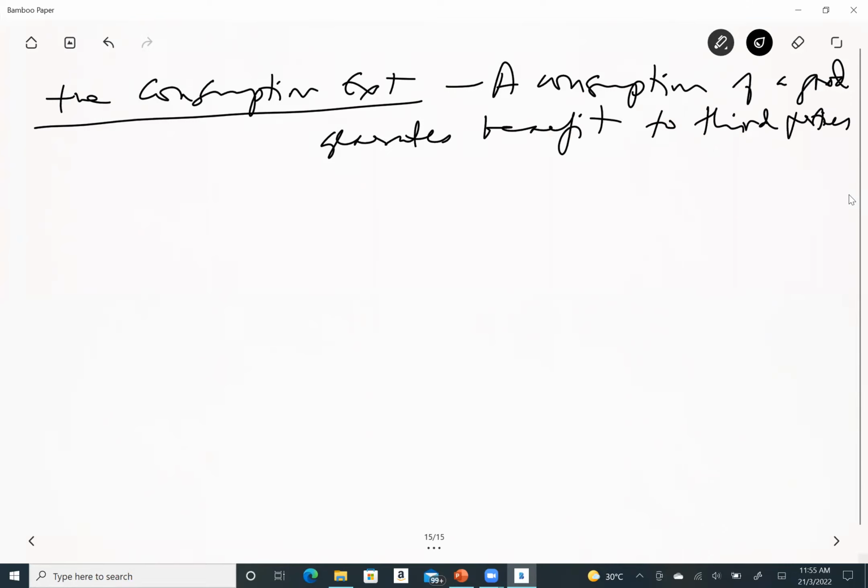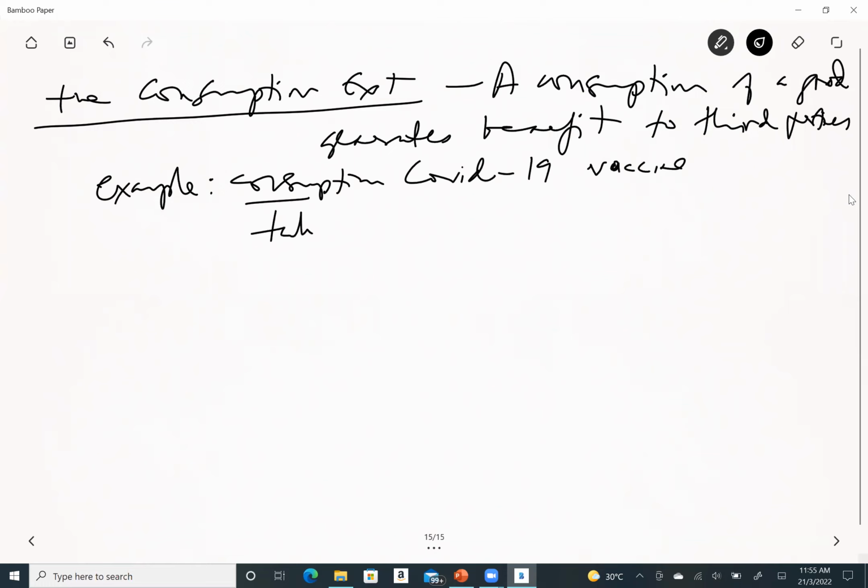Look at a good example, vaccine. It's not in terms of production. So here in terms of what? Consumption. Consumption of COVID vaccine. Consumption means you take it.